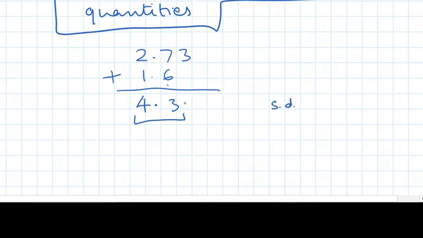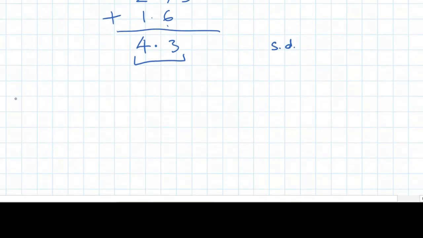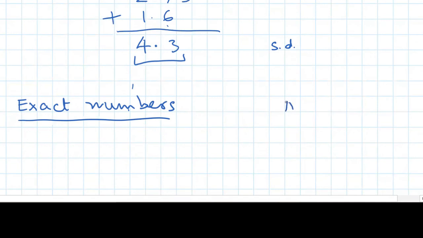There are also exact numbers. What are exact numbers? Half is exact, for example, or pi. Or if you say diameter equals 2 times radius, this 2 is exact. This is not a measurement you are doing.